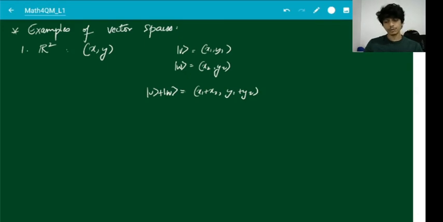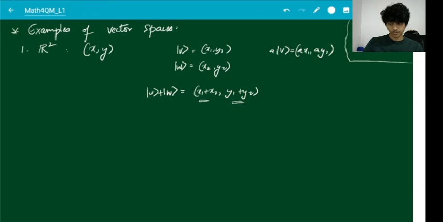Is this also in R2? Yes, this is also in R2 because it has one real number over here, comma, one more real number over here. If I multiply one of them by a scalar, so if I define a v, this is going to be a x1, a y1. Is this also in the set R2?